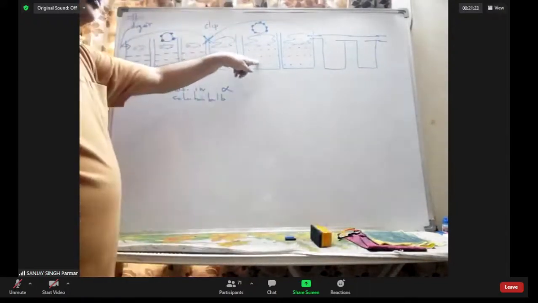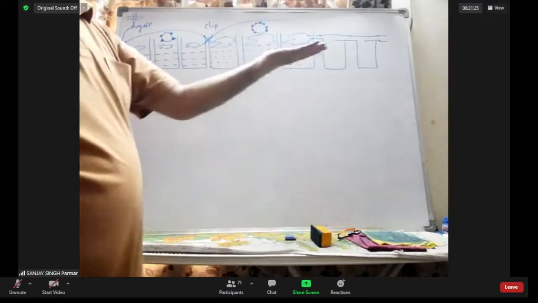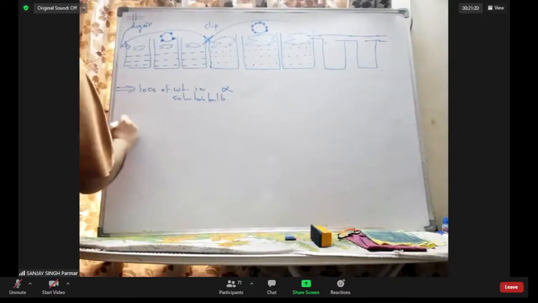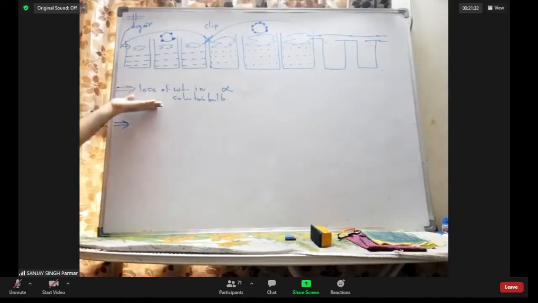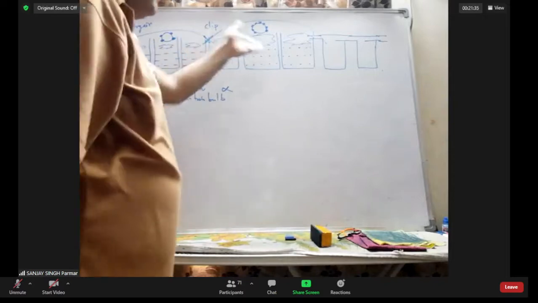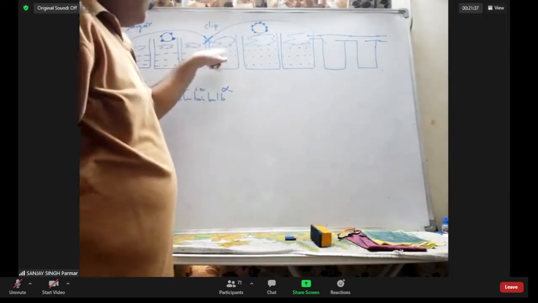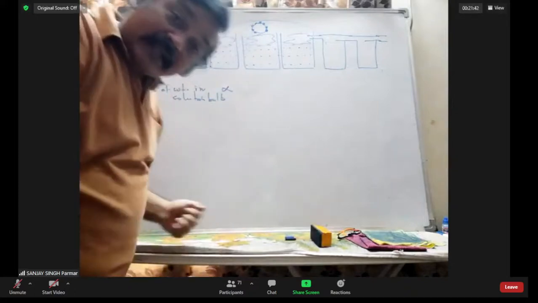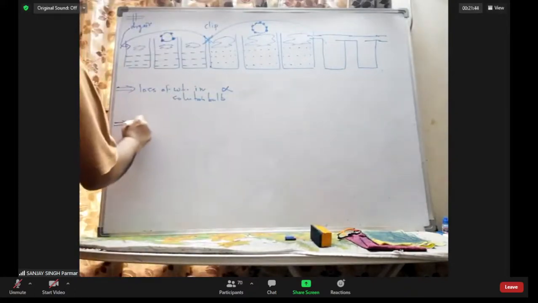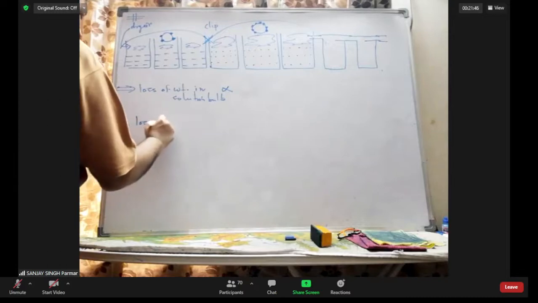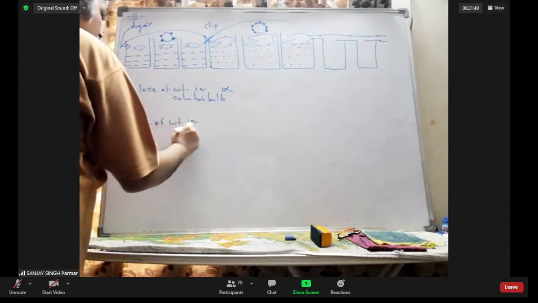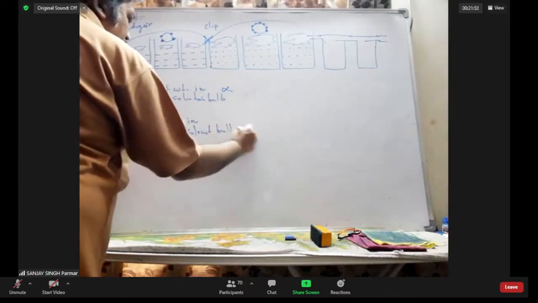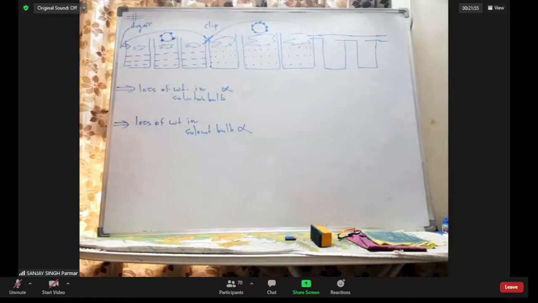In this case also, is the mass remaining the same, decreasing, or increasing? Mass is increasing here, while in these three bulbs there is a decrease in mass. So here it will be loss of weight in solvent bulb, which is directly proportional.